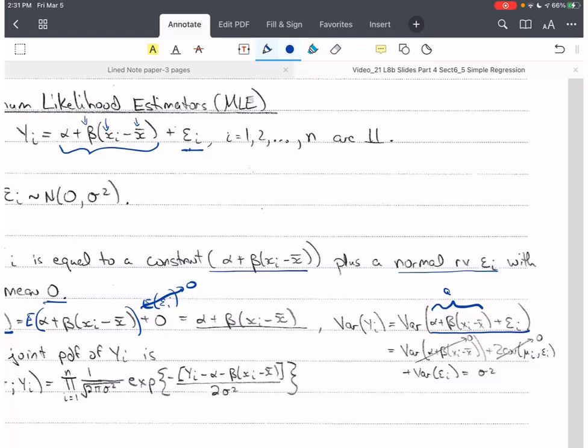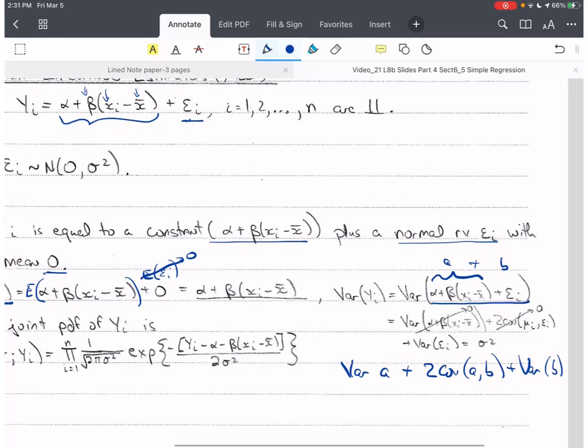And so I could think of this as A and this as B. So I've got A plus B. And if I take the variance of A plus B, then that's going to be the variance of A plus 2 times the covariance of A with B plus the variance of B. Well, A is a constant, so the variance of a constant is 0, and the covariance of anything with a constant is 0. So all I'm left with is the variance of epsilon, and its variance is given right here as sigma squared. So the variance of y is sigma squared.